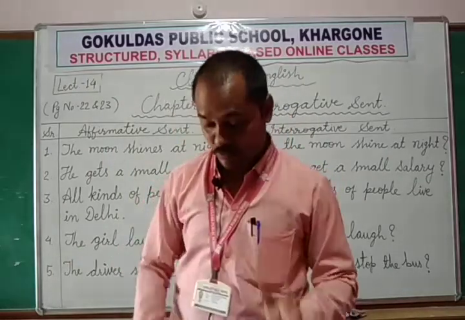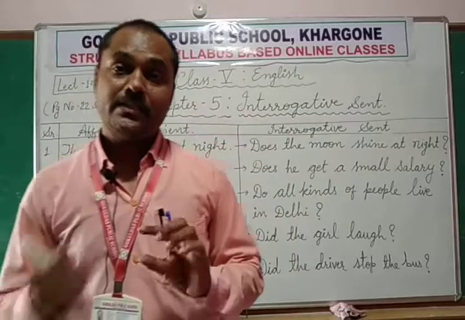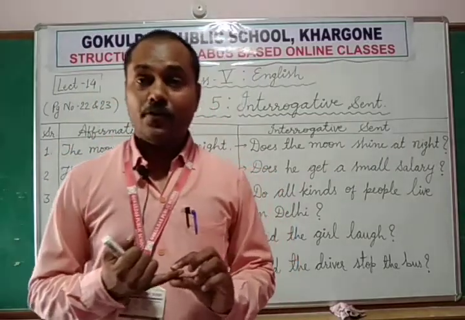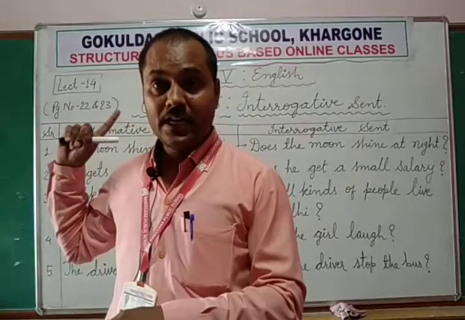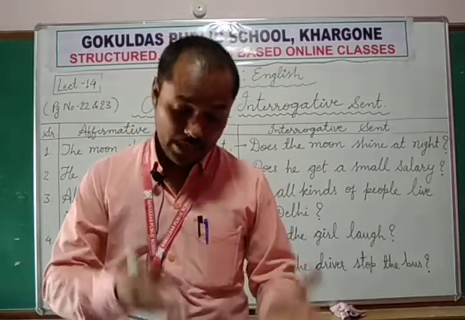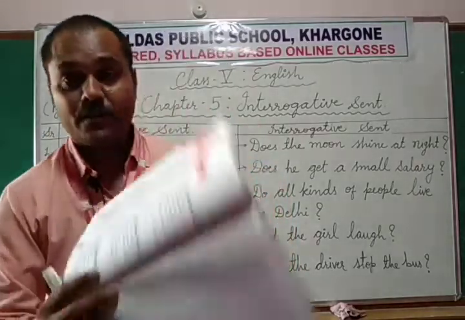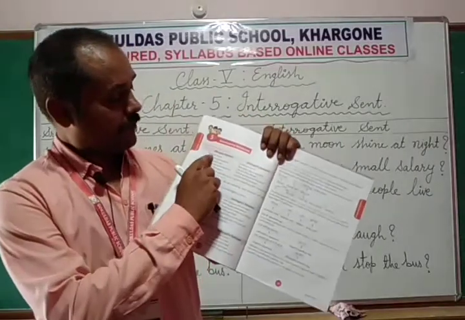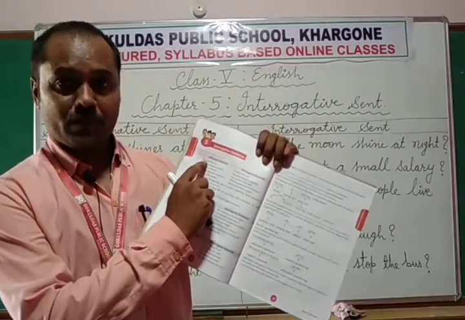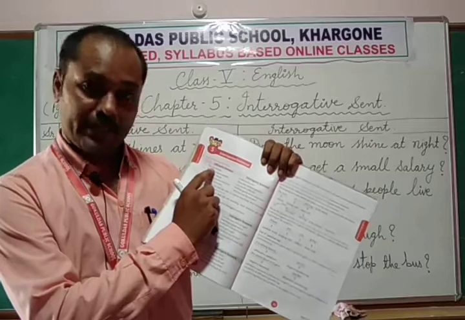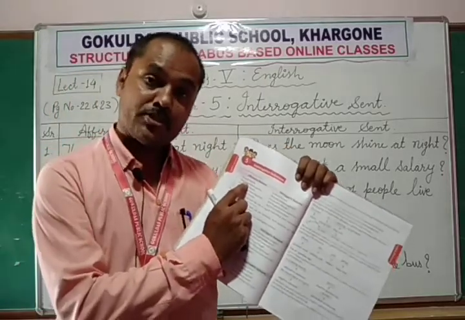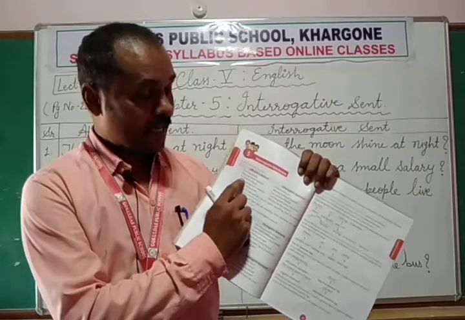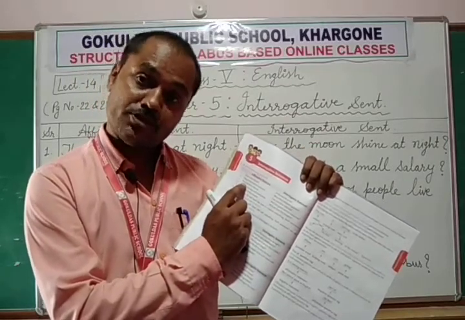In table A we were already given some helping verbs. If you see in table A, this is a helping verb which is already given. "Were" is a helping verb already given. "Can" is a helping verb already given.